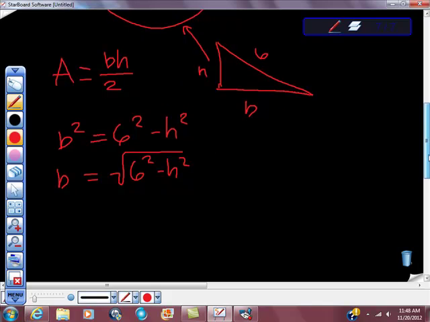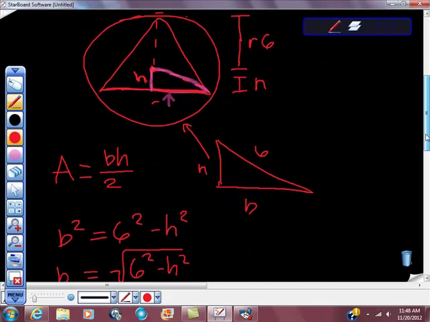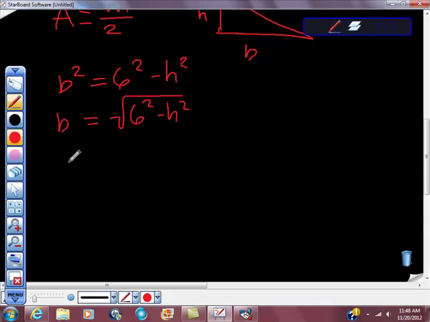And since we only solved for this b right here, we need to know this b as well, and it says it's an isosceles triangle, so we're just going to have to multiply our b by two. So basically our base is equal to 2 times the square root of 6 squared minus h squared.